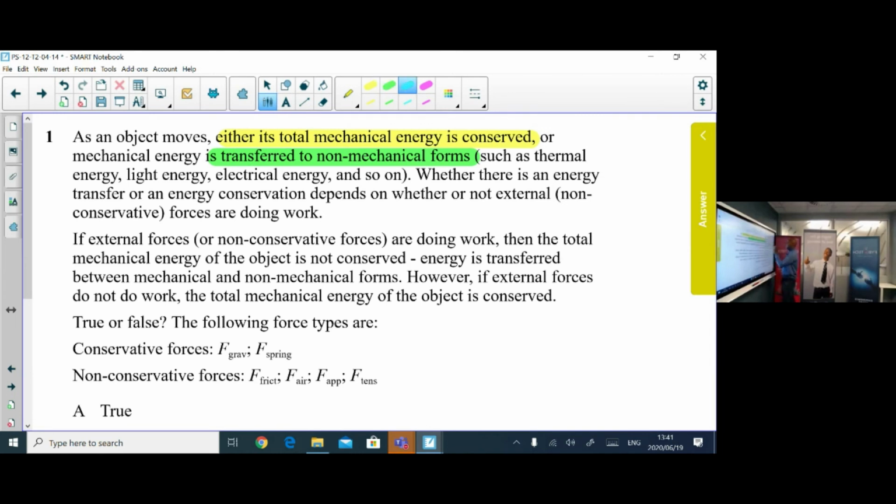We have thermal energy, light energy, electrical energy, and so on. Whether energy is transferred or conserved depends on whether or not external, non-conservative forces are doing work.